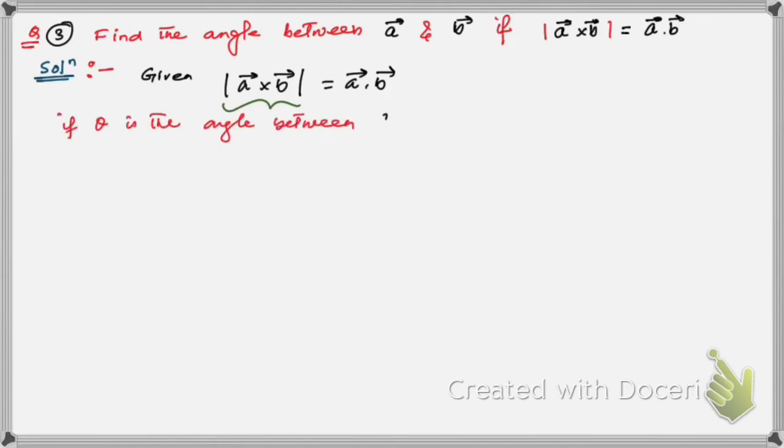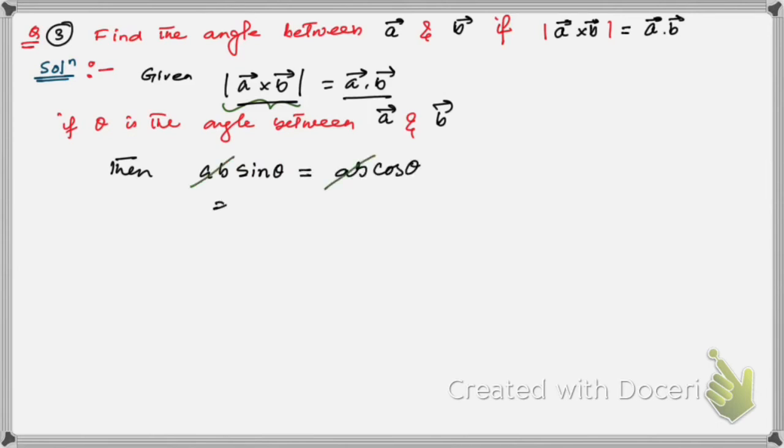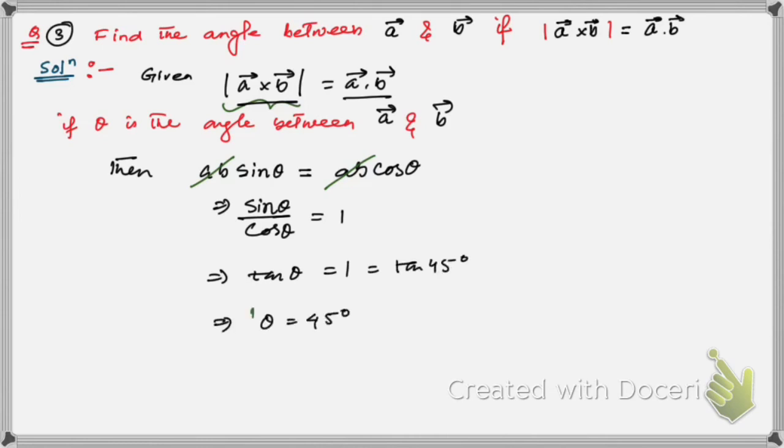If theta is the angle between them, then the magnitude of the cross product is given by AB sine theta, and the dot product is given by AB cos theta. Now AB cancels, so sine theta by cos theta is equal to 1, and sine theta by cos theta is tan theta, so tan theta is 1. Tan 45 is 1, so theta will be 45 degrees. This is the angle between these two vectors A and B.